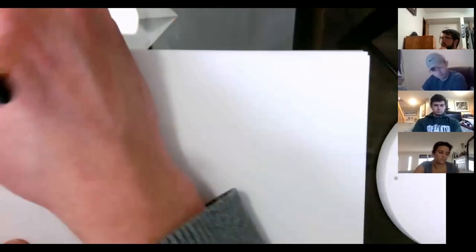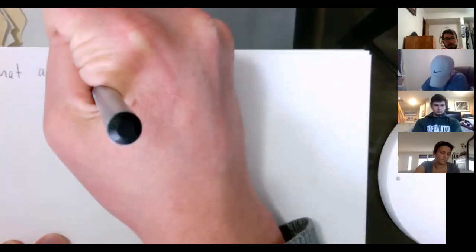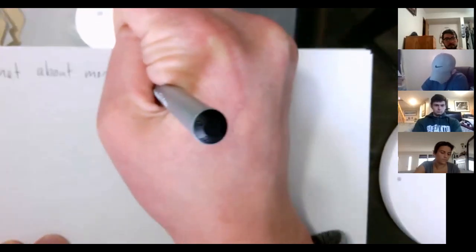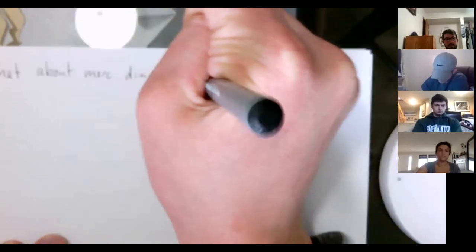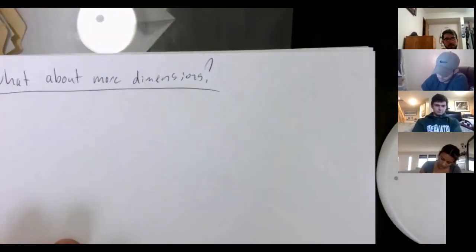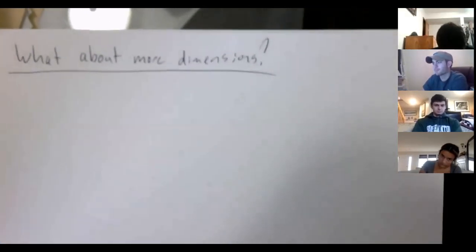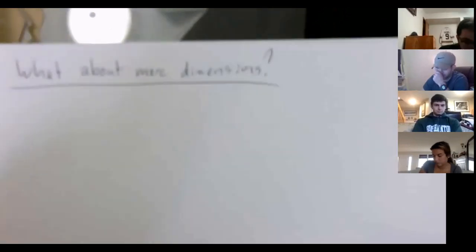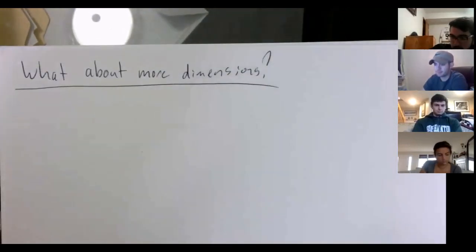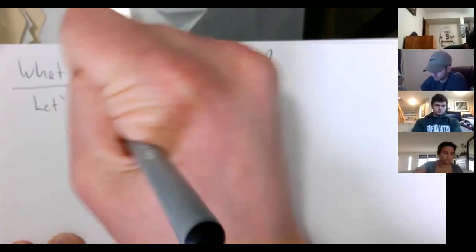So let's ask, what about more dimensions? For this, we're going to drop back to the hydrogen chain, except we're going to do it in a 2D crystal. The one we just did before was 1D?